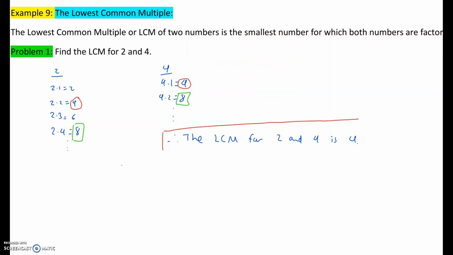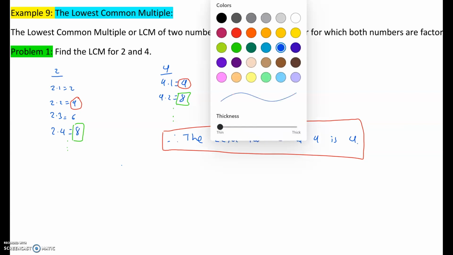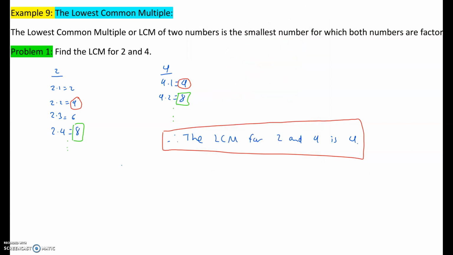Another way of viewing this is if you look at the prime factorization. So let me do this, and this may help you for larger numbers. So prime factorization. I'm going to say that 2 is technically 2, and 4 is equal to 2 times 2.